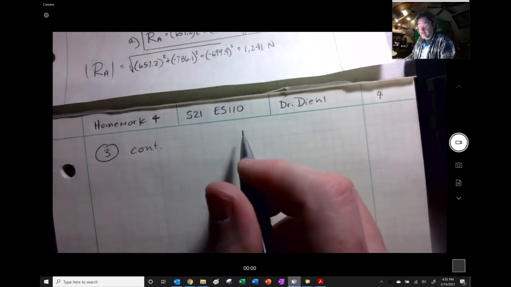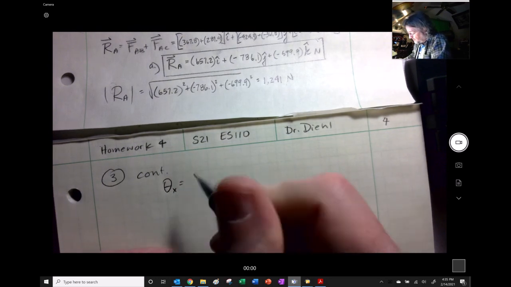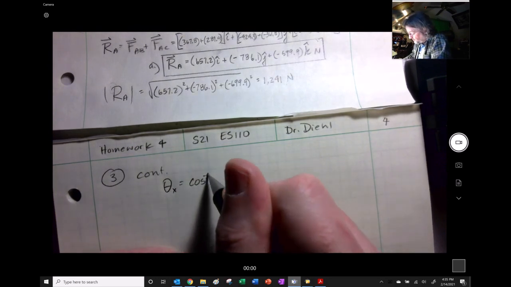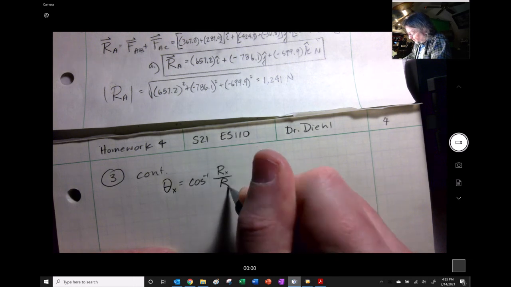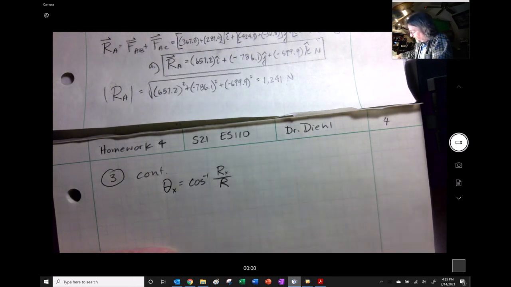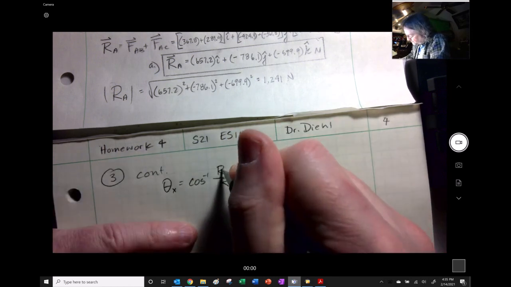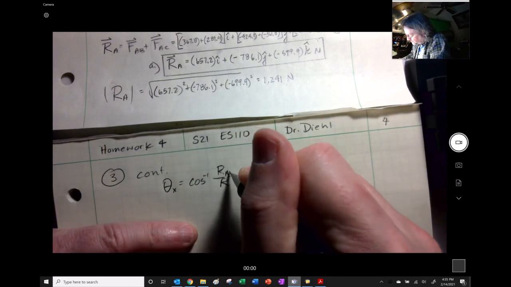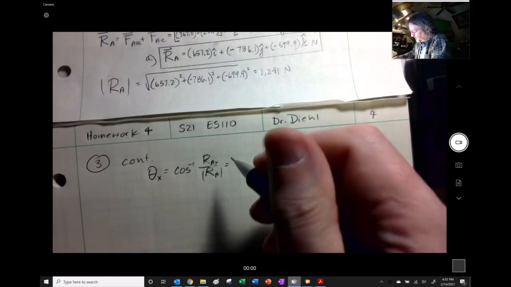and what we want to do is get the theta x, which is going to be the inverse cosine, I'll write it out, of Rx over R, right? Or R_A x, maybe. Right, you get the idea.